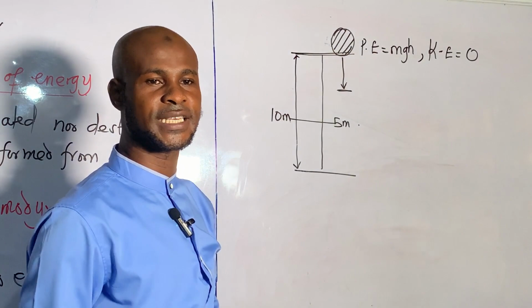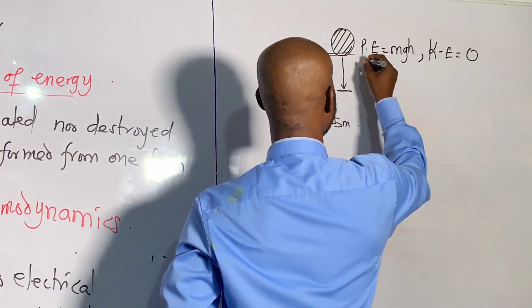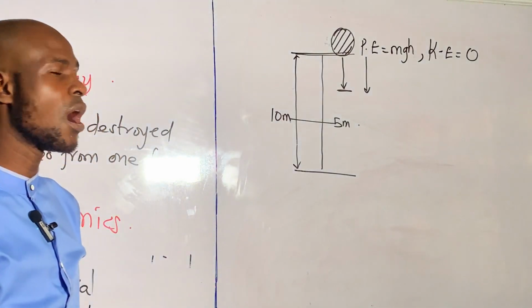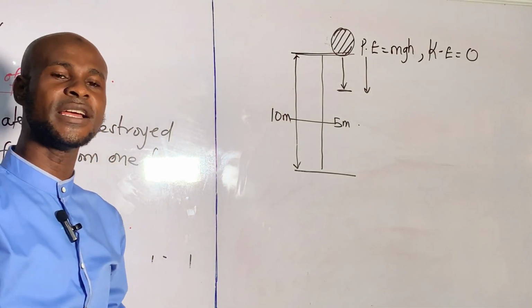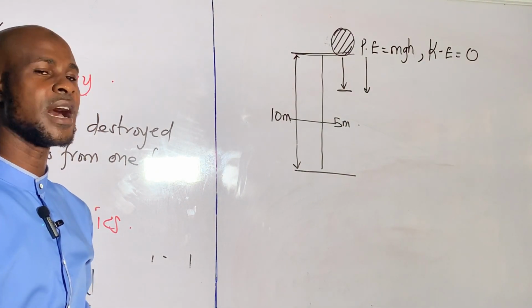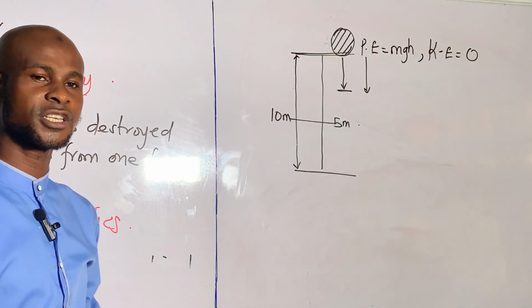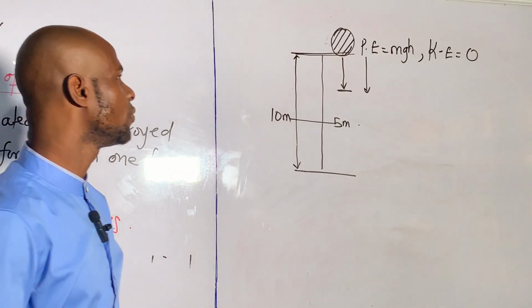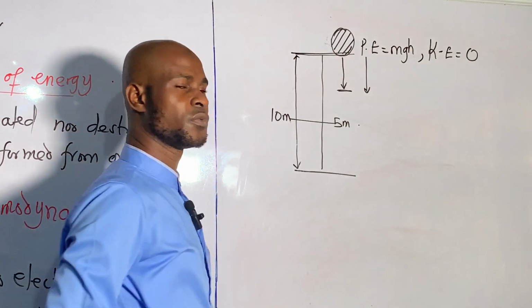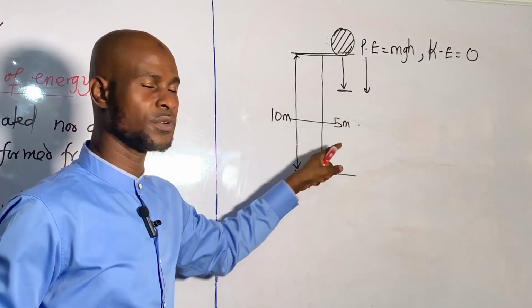Then what happens to the kinetic energy? The kinetic energy increases. How? Because the body now has a velocity. So we can calculate the kinetic energy as half mv squared. So at the midpoint, which is the 5 meter point, what happens?